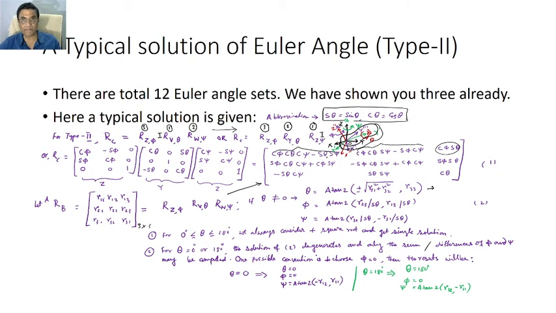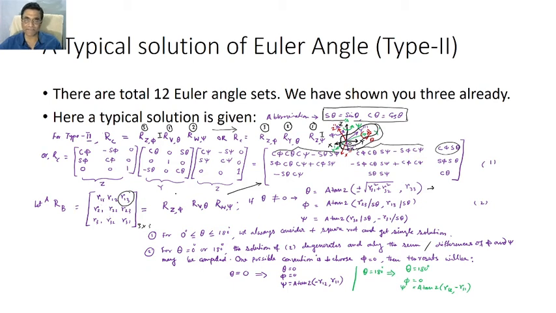For example, this one is equal to r11, this one, c phi cos theta sin psi minus sin phi cos psi, is actually r12, like that. See, cos phi sin theta equals r13. So I can equate; it's my choice. The objective is to eliminate all others, keeping one unknown. These are all known because these are the runway's orientation.